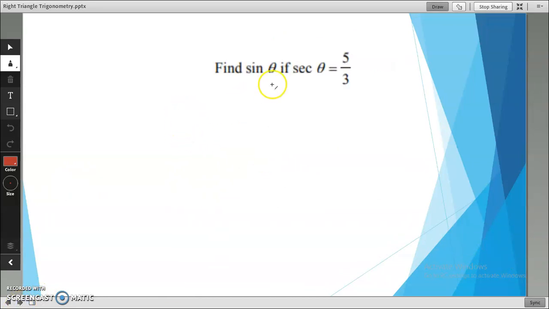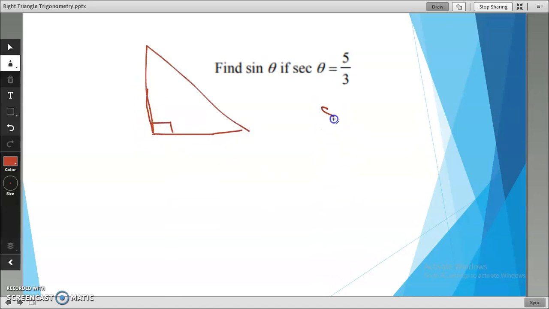All right, here's another one. It says find sine of theta if secant theta is equal to 5 over 3. So this time we don't have everything, so I'm going to draw a triangle out. Do you have to draw a triangle out? Absolutely not. It just helps me to visualize.